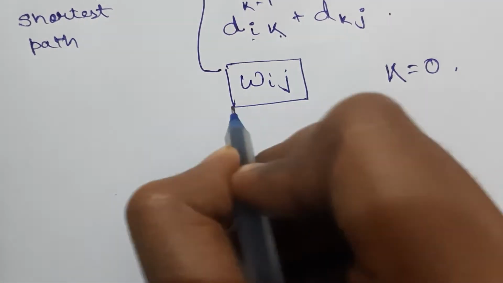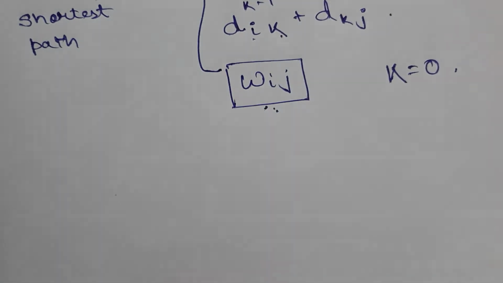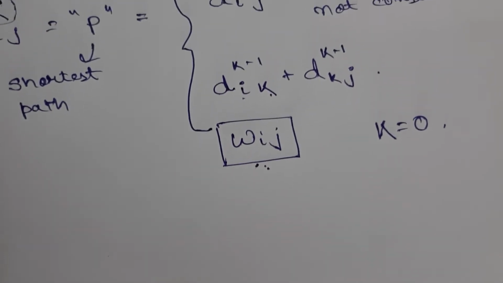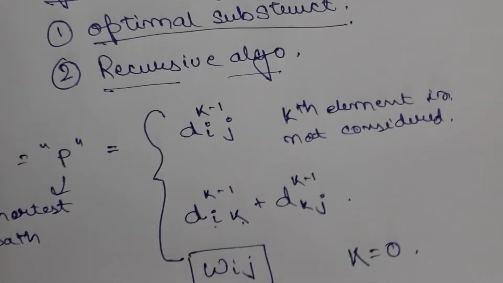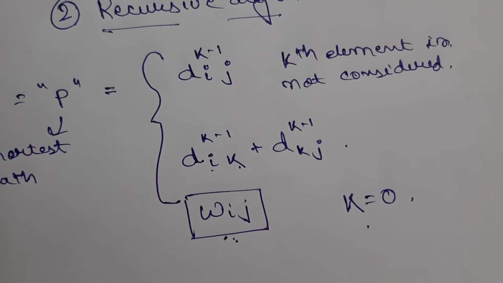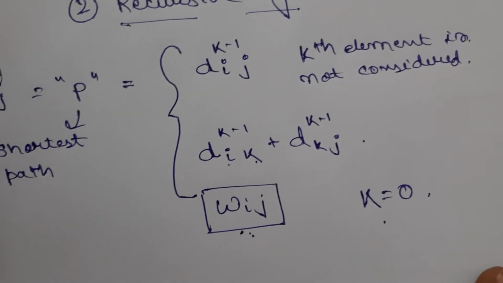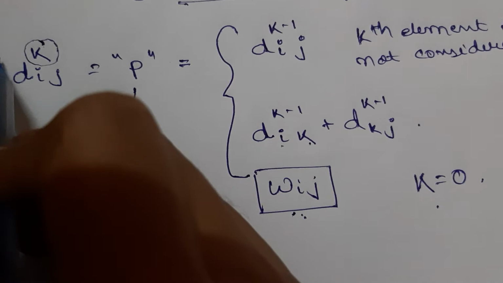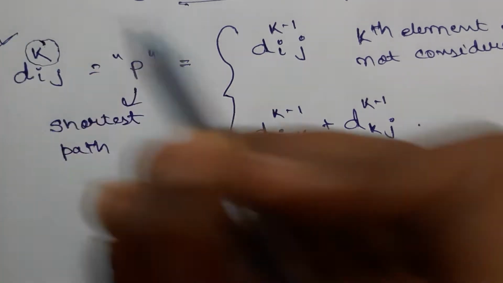W of ij means the basic weight which is given in the question. And k equal to 0 means that there is no vertex included. So this is our recursion algorithm.